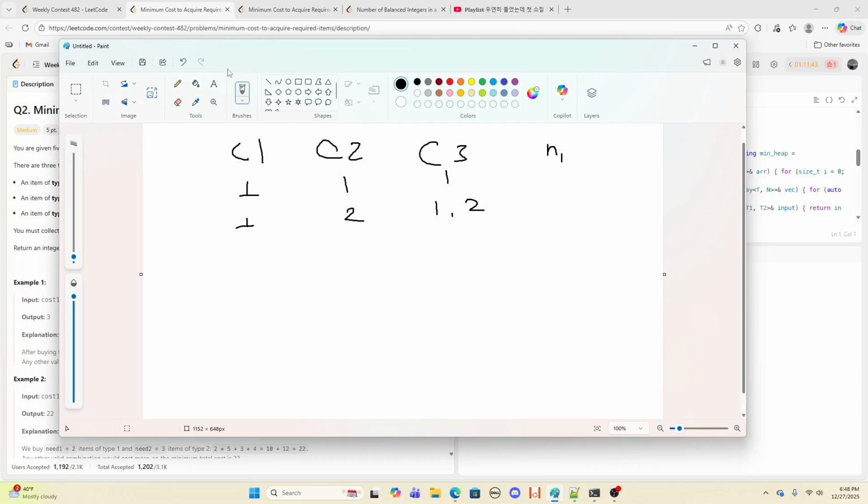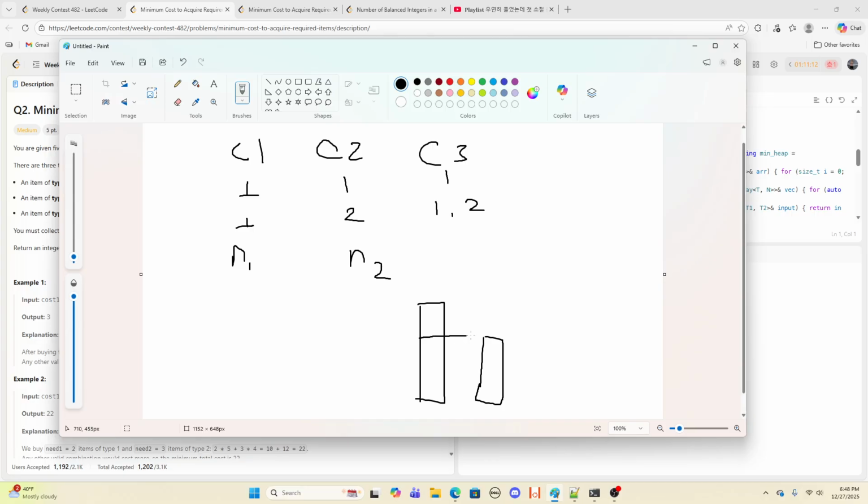You need N1 of type 1, you need N2 of type 2. You need this many of type 1, for example, and this many of type 2, and you have to find a minimum cost to bring them to that point.